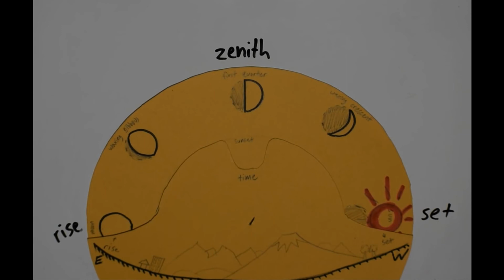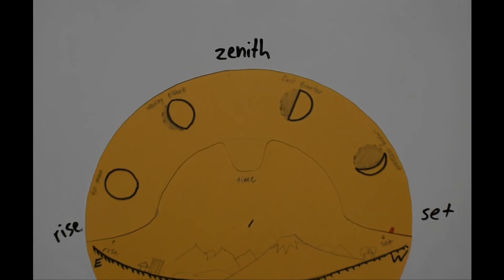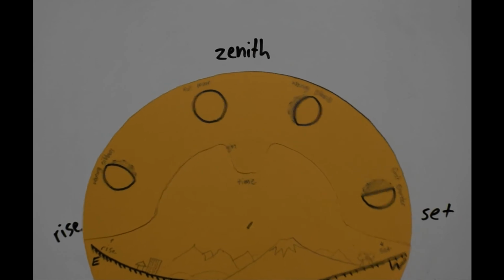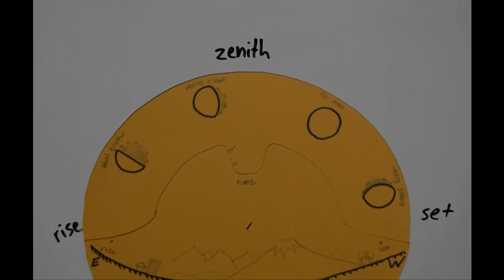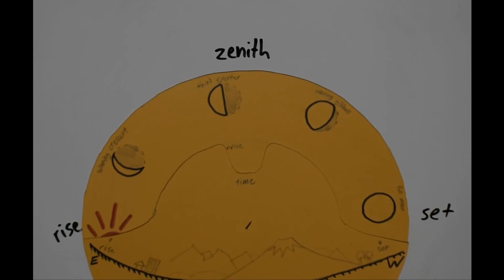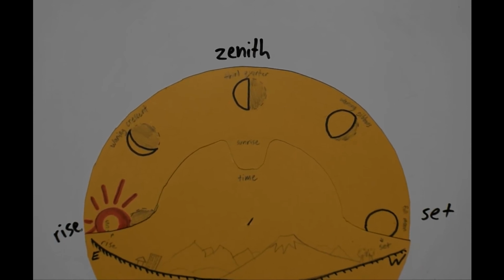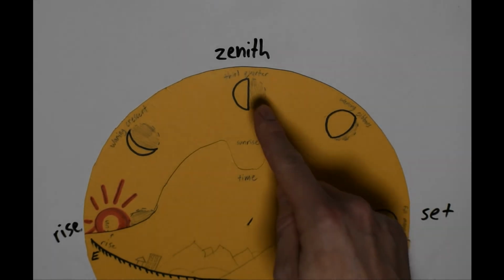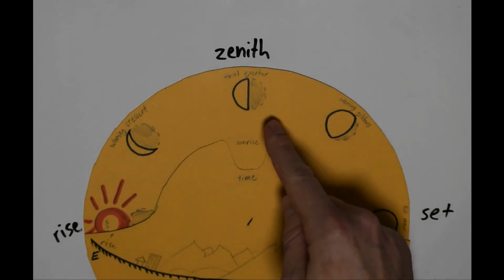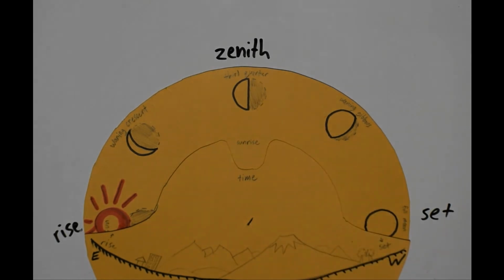Now let's look at a different time. Let's go forward in time to sunrise. So now it's sunrise, 6 a.m. Here we can see the sun rising, and setting is the full moon, and at zenith is the third quarter moon.